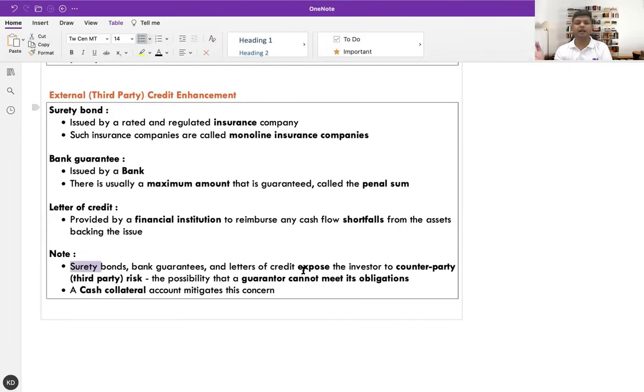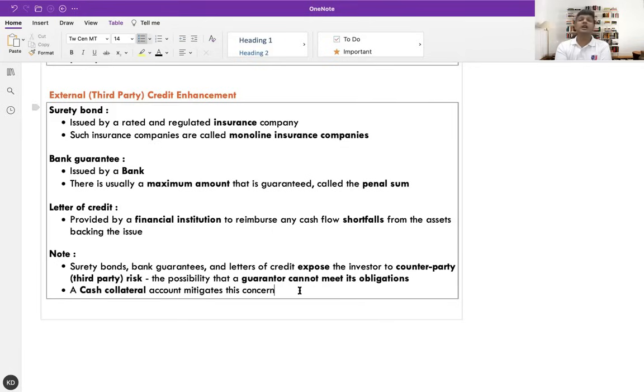Correct. And finally, there is cash collateral which you can provide, in case you have some cash account. You can attach some cash account to your particular borrowings, and that will provide a much better credit risk. So many banks do what?